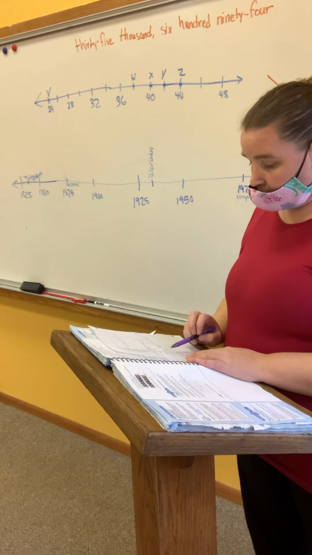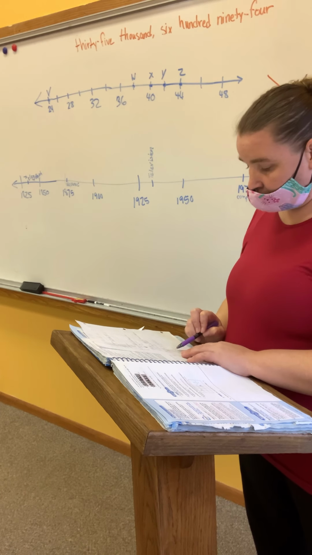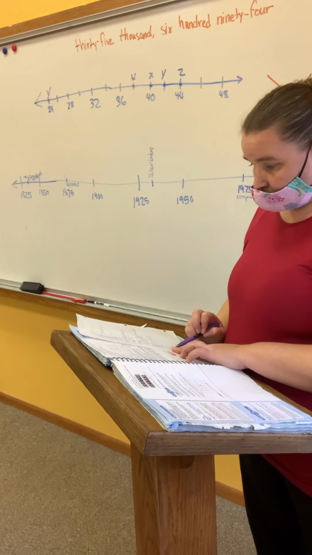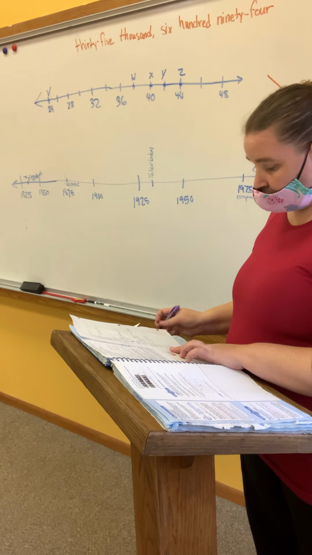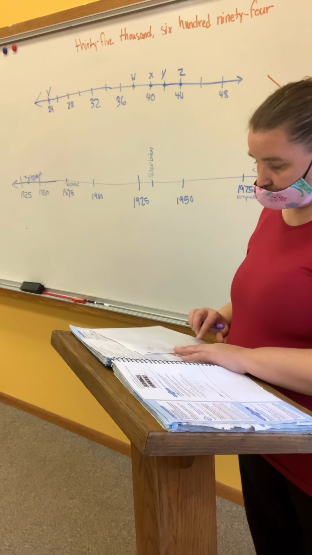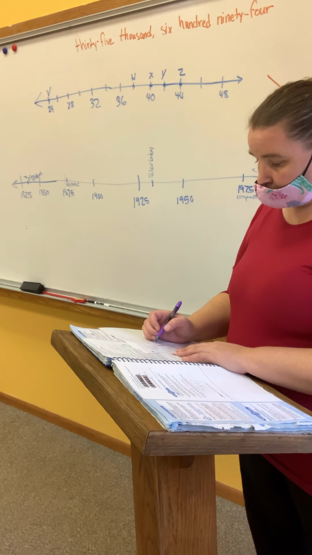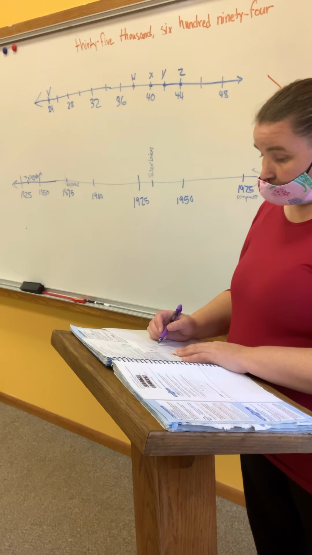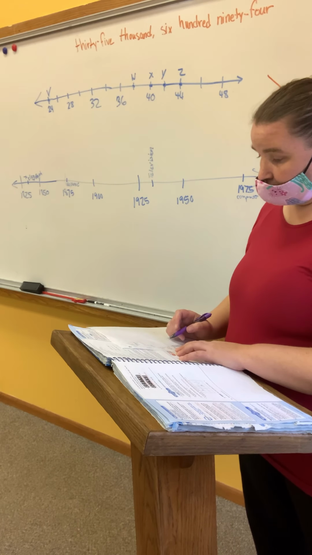All right, number 10 should be $150. Number 11 should be $7.45. Number 12 should be $1.90. 12 was $1.90. Number 13 is 32. Yay. 14 is 125.